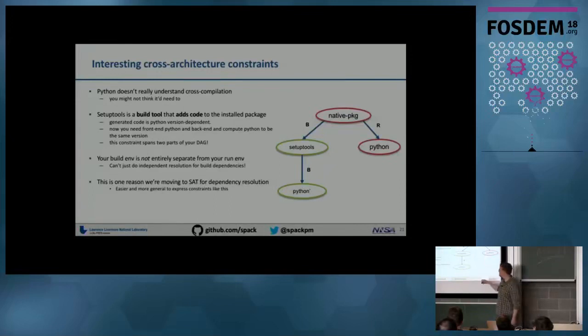Well, you don't care about architectures, but you do have a constraint that these two Pythons now have to be the same version. Otherwise, the code that setuptools is going to inject to run back here is going to fail. And so we now have a DAG where we have to have two different versions of the same package in it, and we have constraints across architectures that run through the dependency problem that we're solving. That one actually surprised me.